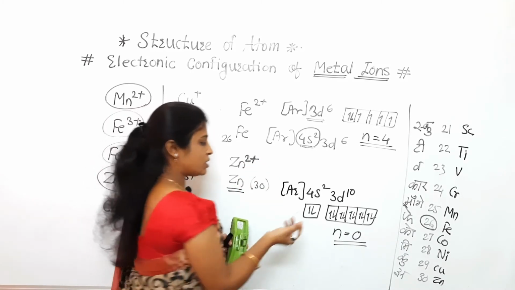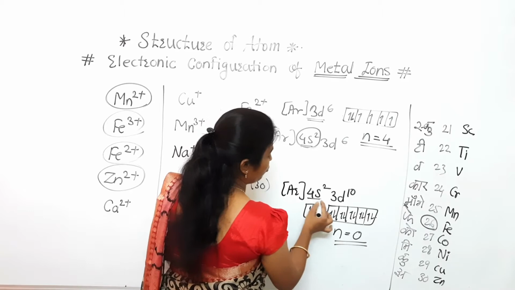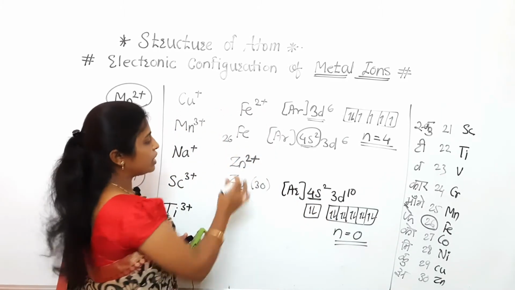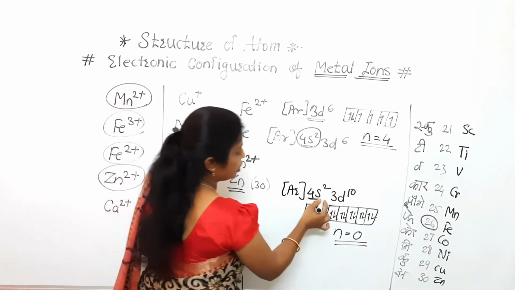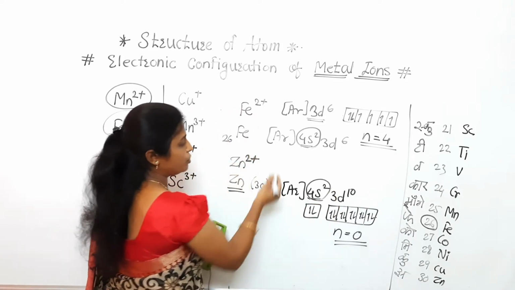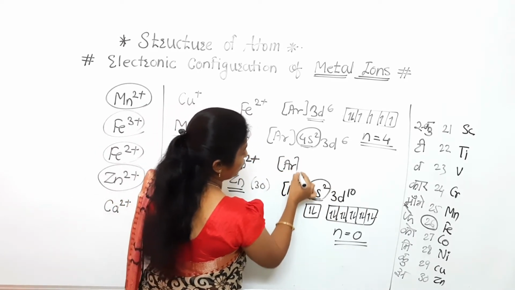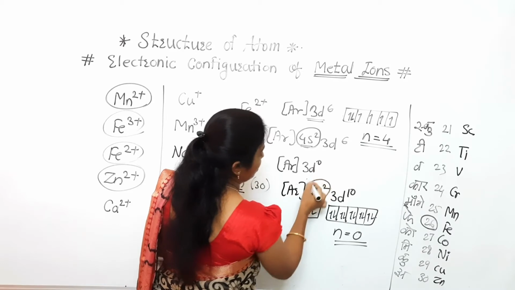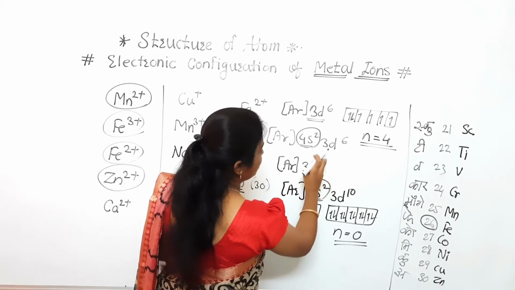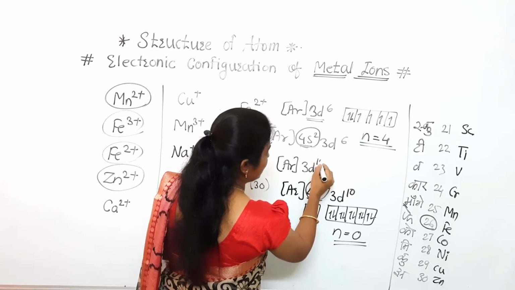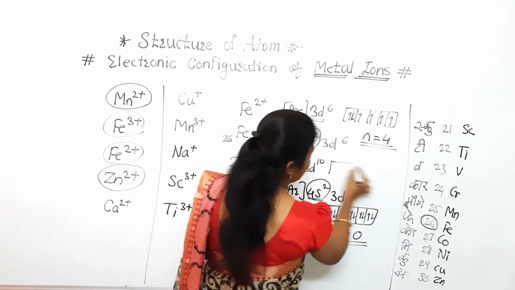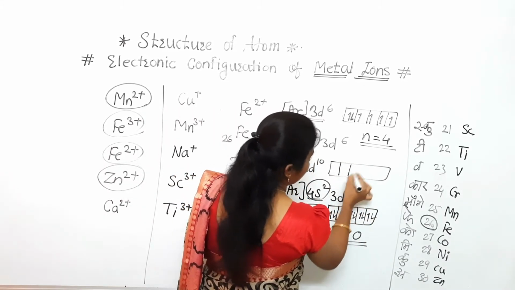Again that same concept. Firstly we have to remove the electrons from the outermost shell. How many electrons? 2. That's why here totally 2 electrons we are removing from this one. So it will become argon 3d10. So if we calculate the number of unpaired electrons in that Zn2+, then see here d 5 are there. Okay.